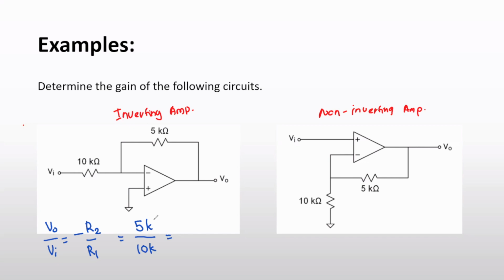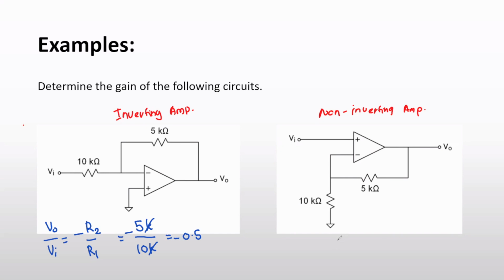So therefore you can get the answer. You can cancel out the K and get the answer as 0.5. But it should be minus because it's an inverting amplifier. You know, in the inverting amplifier, there's a minus sign.